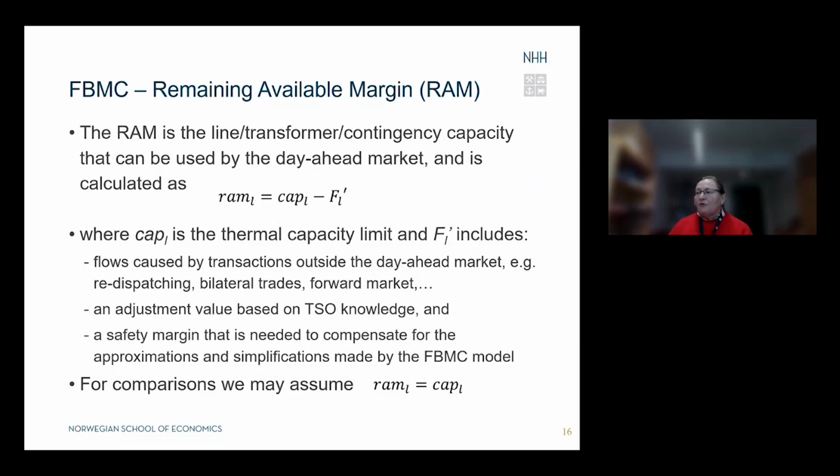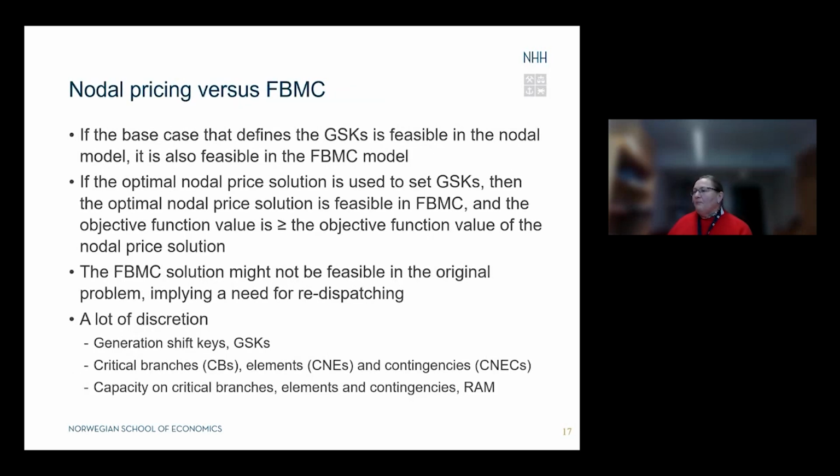It can be caused by flows caused by transactions outside the day-ahead market, for instance, due to redispatching or bilateral trades, forward markets, and so on. It could be an adjustment value that is based on the TSO's knowledge, and it could also be a safety margin, which is needed because this is also an approximated model. So the main point here is, I think, that there is a lot of discretion in this.